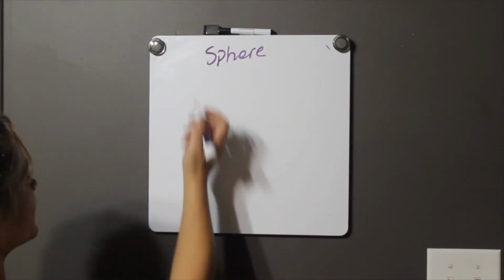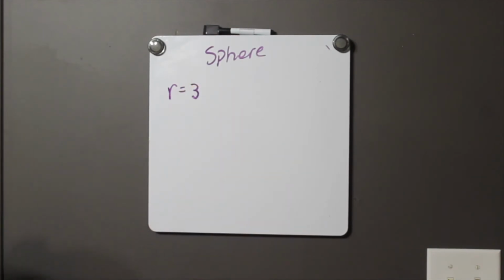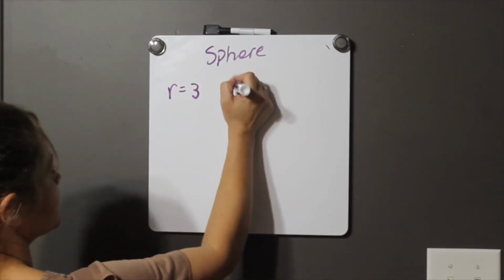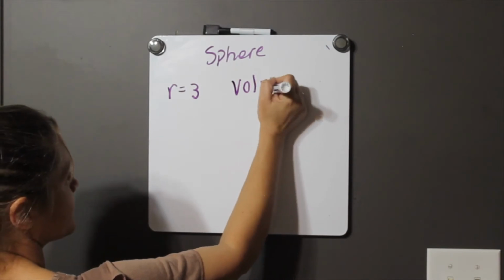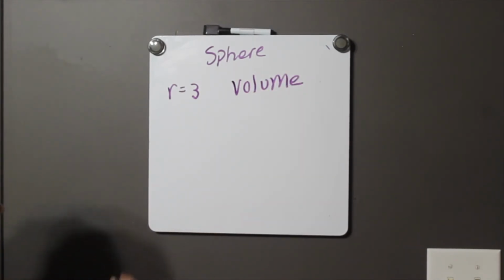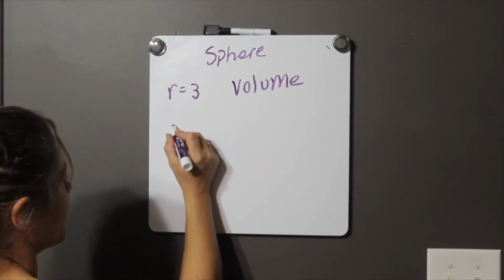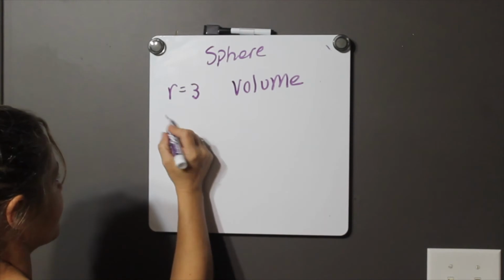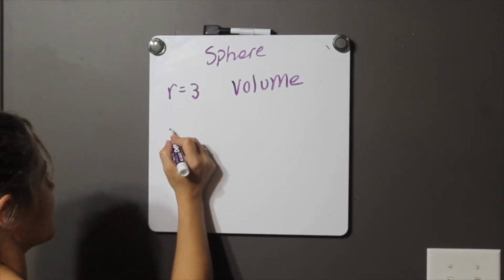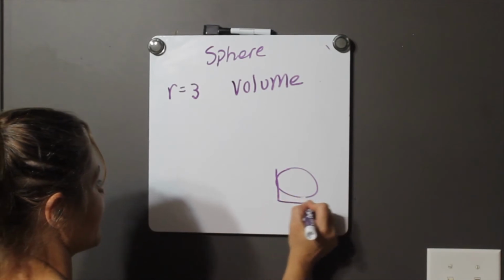Okay, so we have a sphere with a radius of 3, and we're asked to find the volume of that. The volume of a sphere with a radius of 3. So for that we need the volume of a cylindrical base that's the same. So here's our sphere, and it's sitting inside a cylinder.